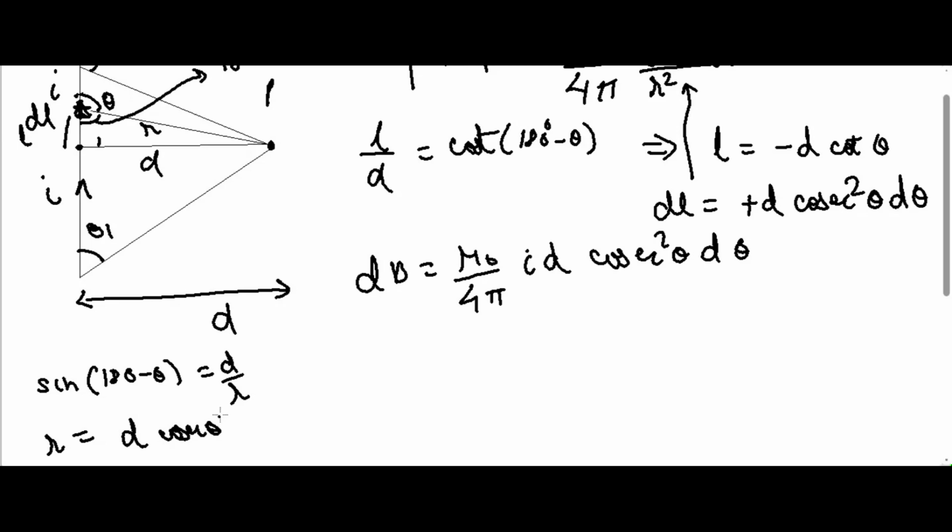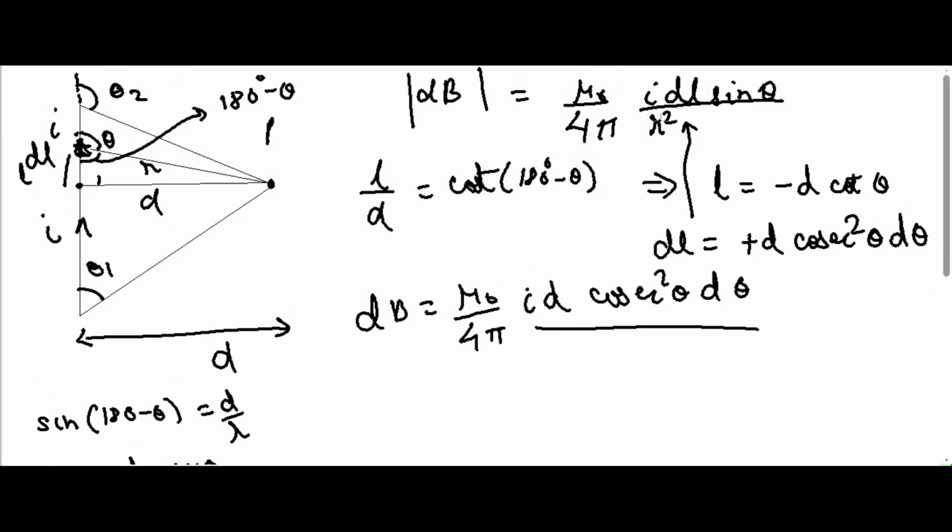Let us replace the value of r in the Biot-Savart law. So r is equal to d cosec theta, and r squared will be d square cosec square theta. One thing I missed here is the sin theta, so I need to put sin theta here.